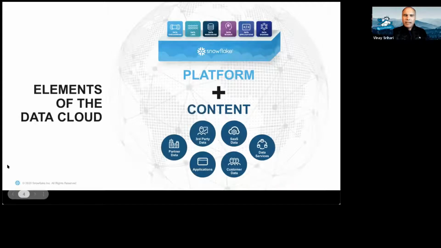The data cloud is an extension of the application and infrastructure clouds that we have. At Snowflake, the way we define the data cloud is with two key elements. There is a data platform that provides the architectural design and framework to connect businesses and to connect data within a business.